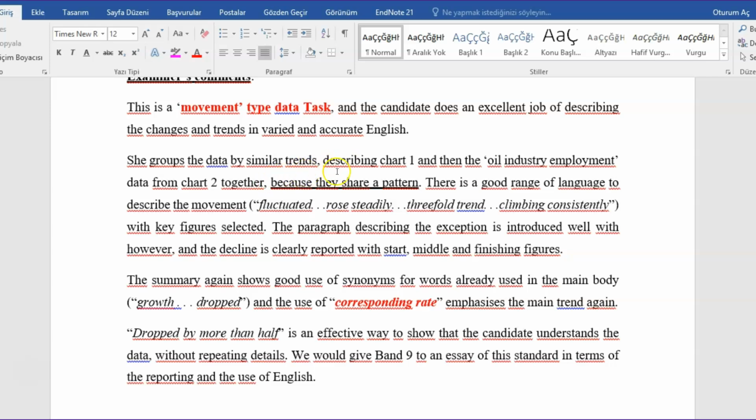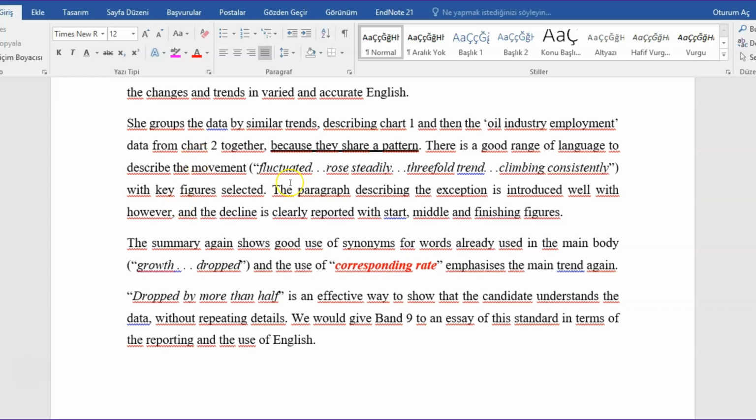By this we can write the pattern and exceptions, and we can use fluctuated, rose steadily, threefold trends, climbing consistently, before climbing, and structures like this.